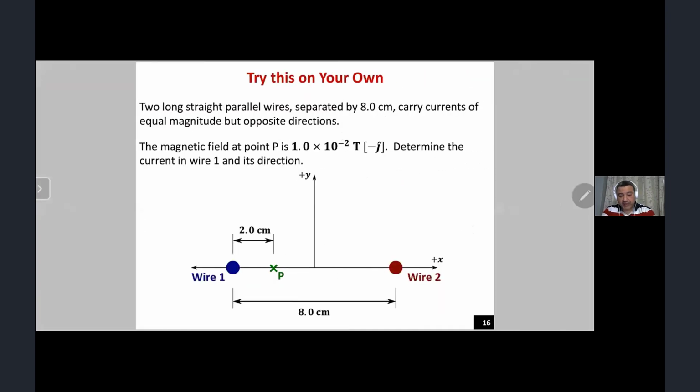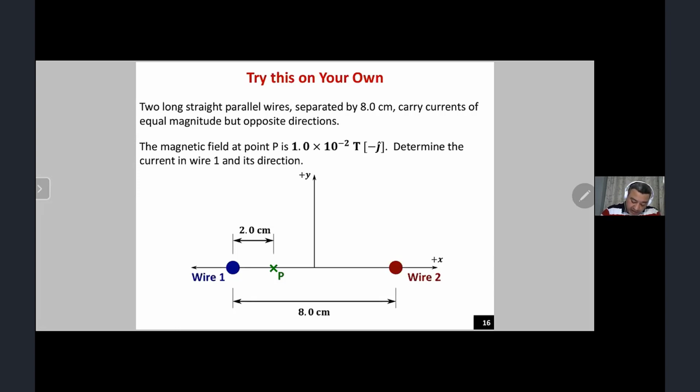Okay, now let's move on to the next question. In this question, we have two wires that are equal in magnitude but opposite in direction.